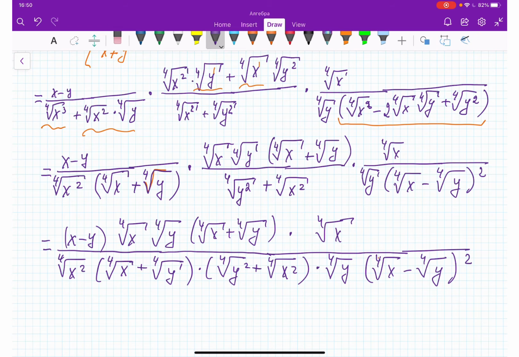First of all, okay, this one I am not going to touch. I was thinking I can cancel this with this, and I noticed it's an x squared, so I cannot do that. That was wrong thinking. Let me see. I can cancel this.